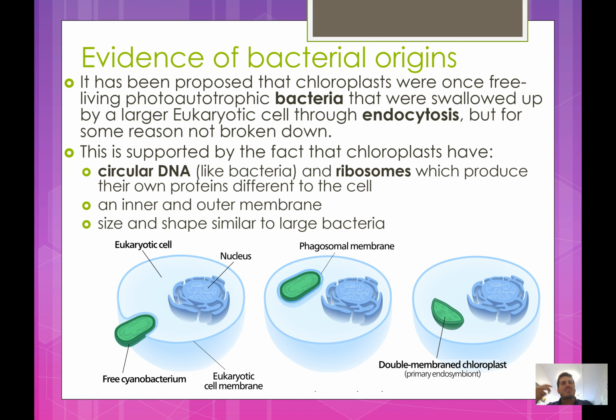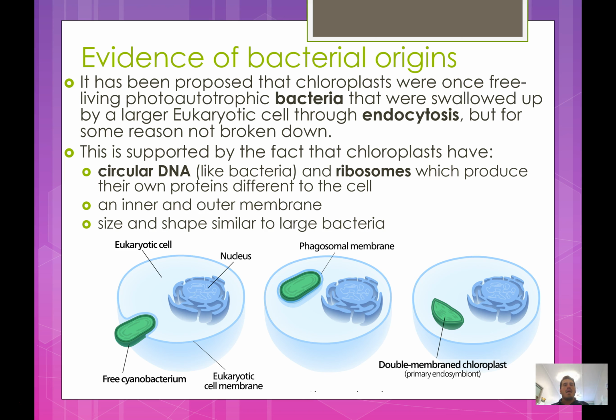It's been proposed by many scientists around the world that chloroplasts were once free-roaming bacteria that were able to undergo photosynthesis themselves. They survived in the world by converting sunlight into glucose.